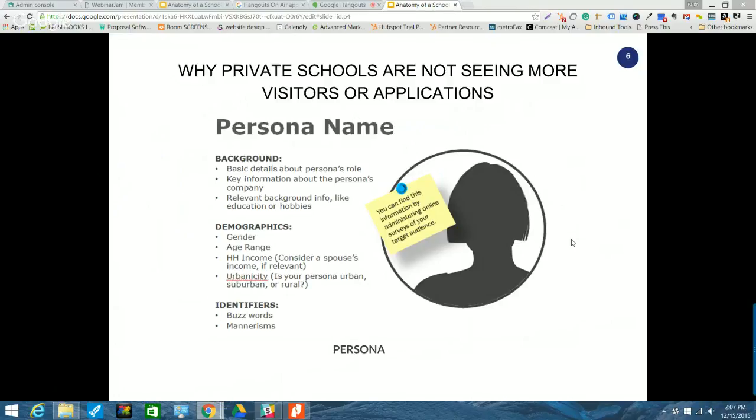So the problem is most of the time it's a shot in the dark, because the reality is that there are different buyer personas. There are different types of kindergarten parents. You might have one type of kindergarten parent who is a full-time working mother, and her needs are much different than a parent who is a stay-at-home mom and the needs with her kindergartner.